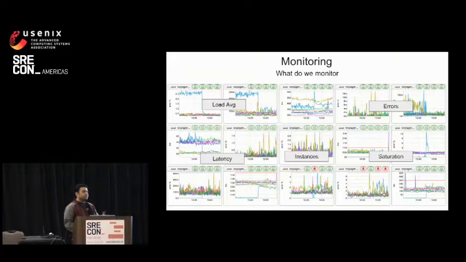For load average, we look week over week to catch any sudden spike or sudden drop. For saturation, we look at CPU, memory usage, network, and disk IO.